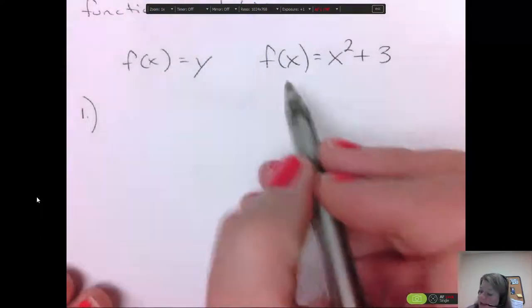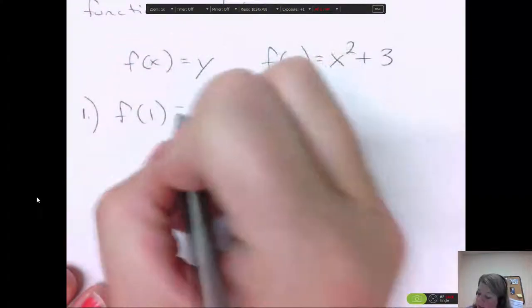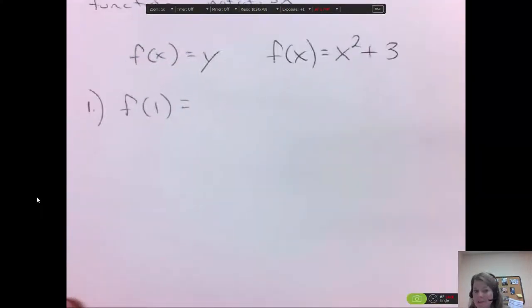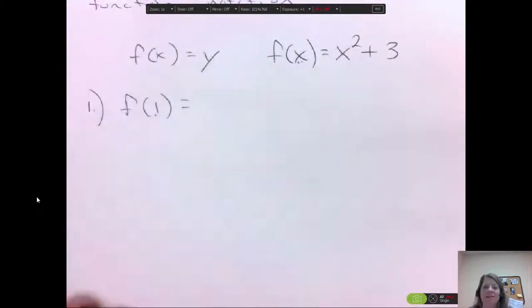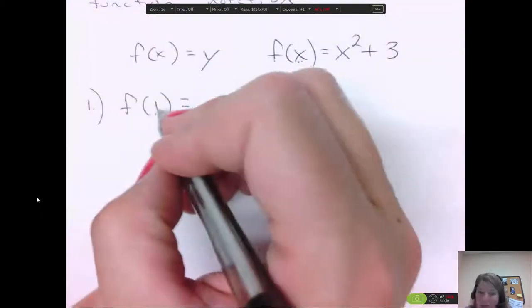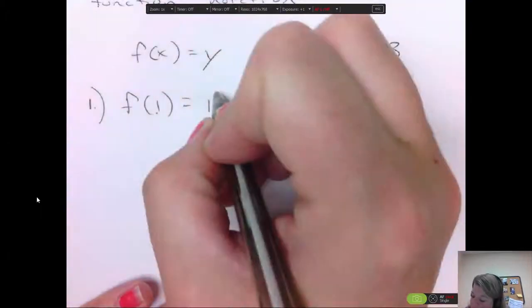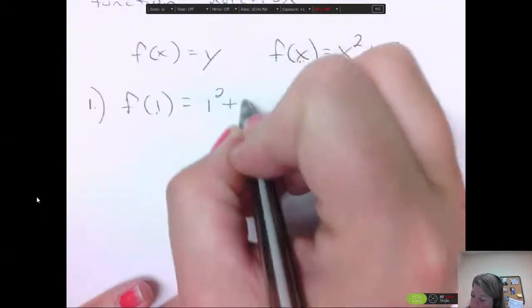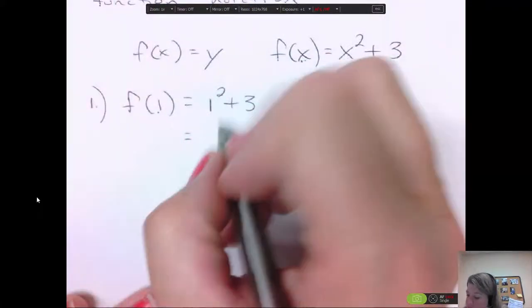So maybe I'll see f of 1 equals what? What is that telling me? Well, it's saying input 1 for x and tell me what your answer will be. What will be y? So it's giving me my input, you have to find the output. So you'd put the 1 in for the x and you'd get 1 squared plus 3. Well, 1 squared is 1, 1 plus 3 is 4.